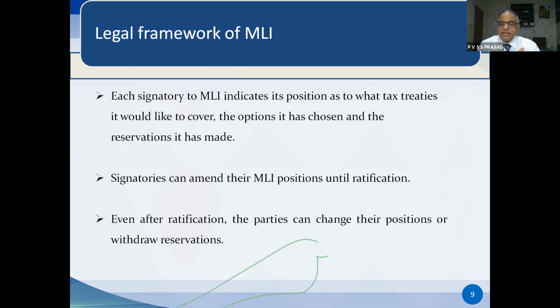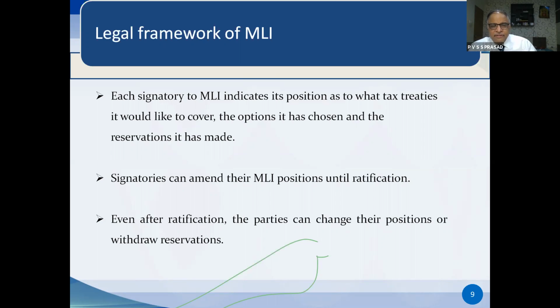The same way, each country will bring its respective tax treaties as covered tax agreements. When you notify a particular treaty so as to be impacted by the MLI and the amendments that are brought in, that is called a covered tax agreement. That means a covered tax agreement is meant to undergo the required modification on the basis of the MLI provisions.